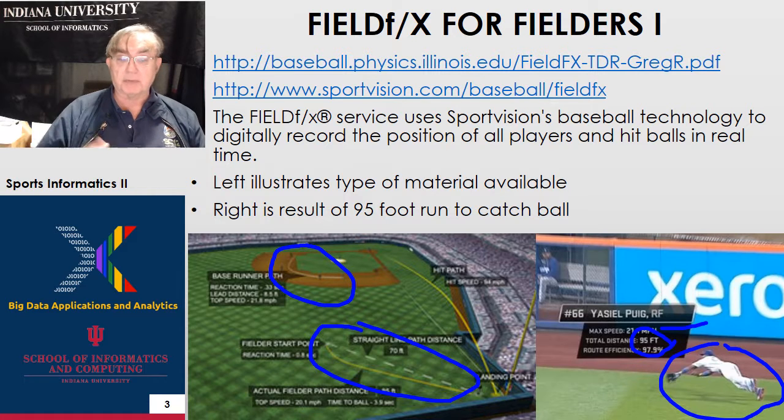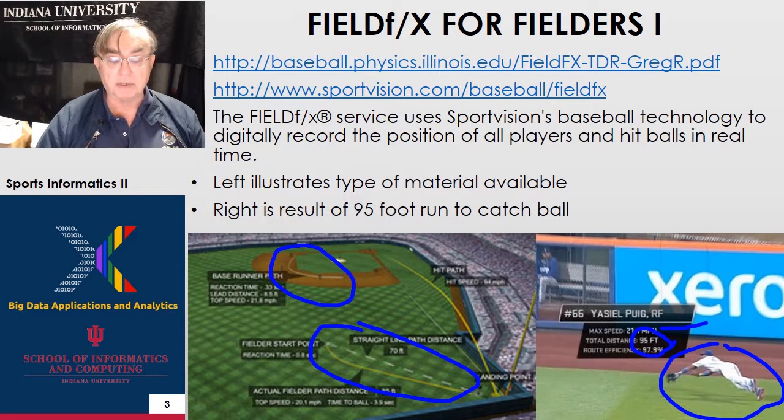So you can say at this type of distance, the probability of catching the ball is whatever it is, which obviously goes down as the distance to run goes up. So this allows you to do very precise sabermetrics type statistics on fielders.